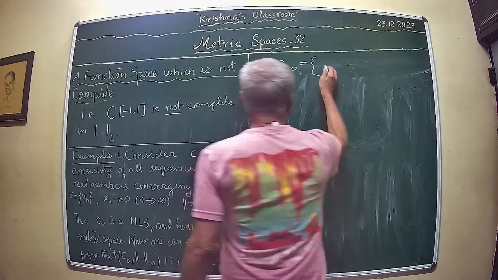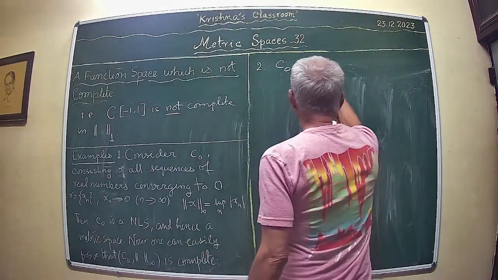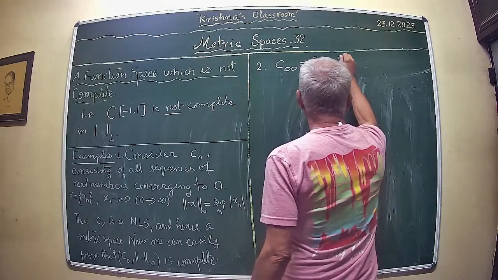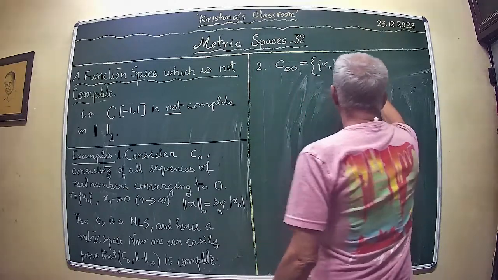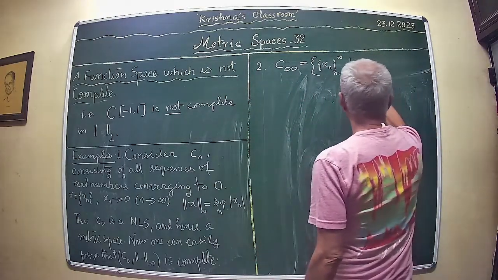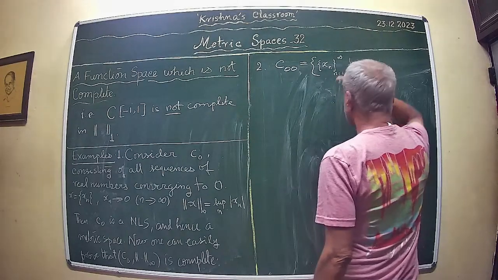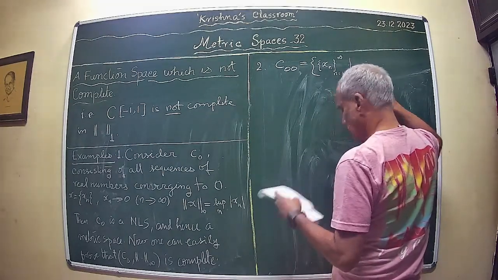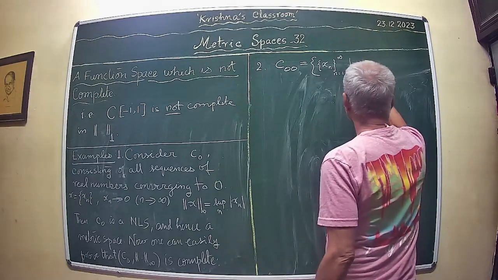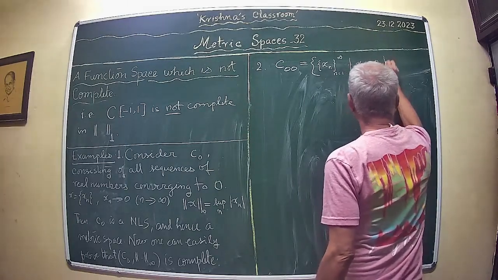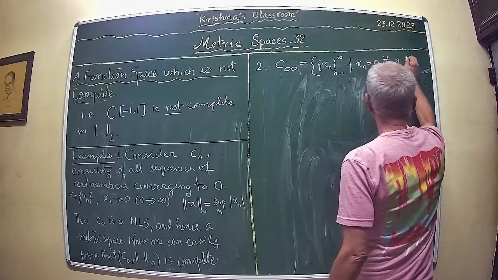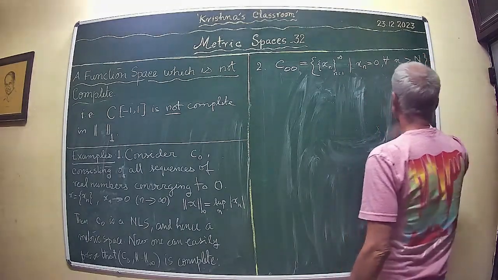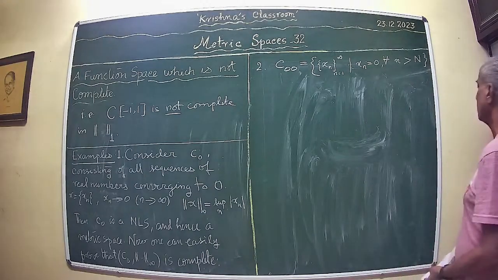This is the set of all sequences xn such that xn is 0 for n greater than some N, and this N would depend on the sequence.